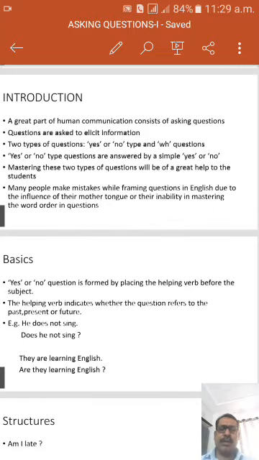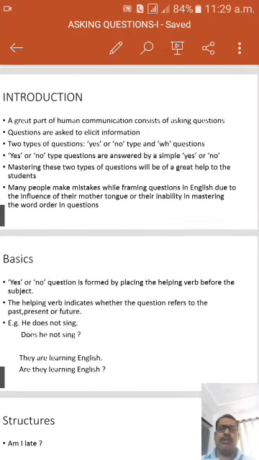As students, you have to master framing yes or no type questions as well as WH questions. So, framing questions in a proper way, in a simple way, is an art, and we have to master this art to excel in English communication.